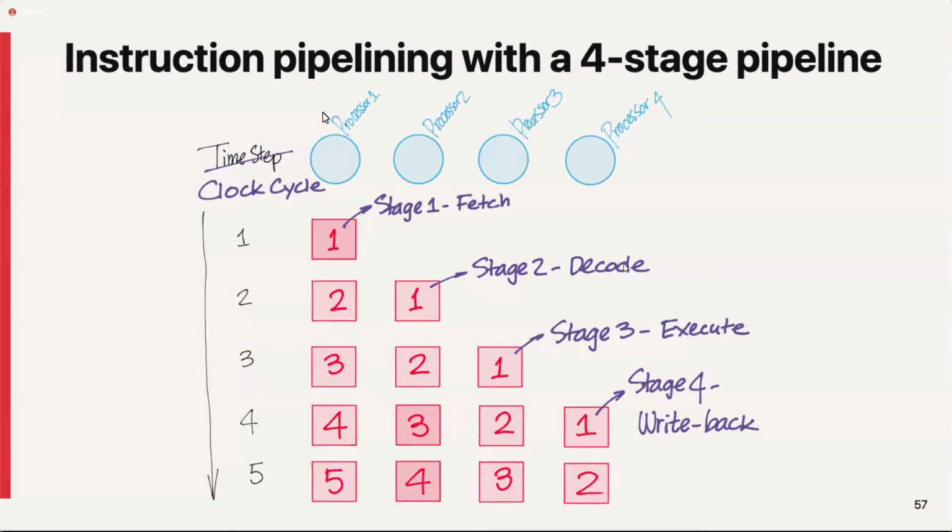For example, if we're trying to improve the performance of our CPU design, a very conventional way of improving the performance is instruction pipelining. If we have something like a 4-stage pipeline, with 4 subtasks of executing a particular instruction, we can separate these 4 subtasks and execute them on 4 different processors.